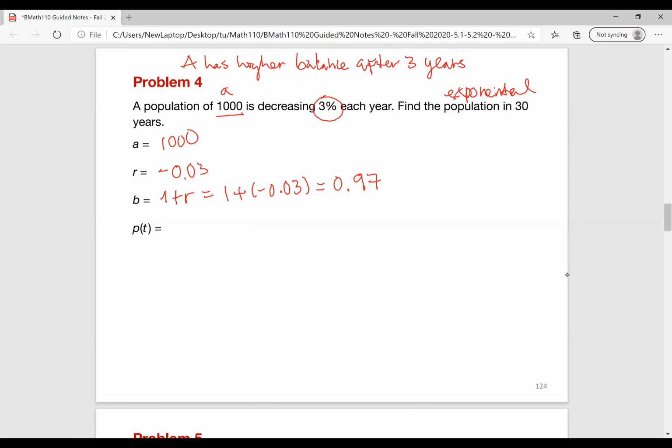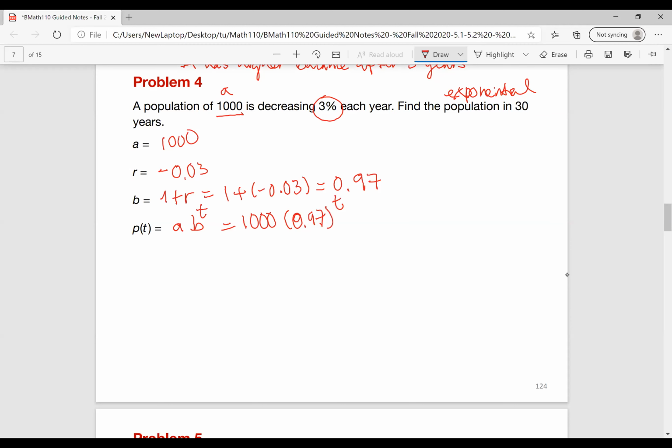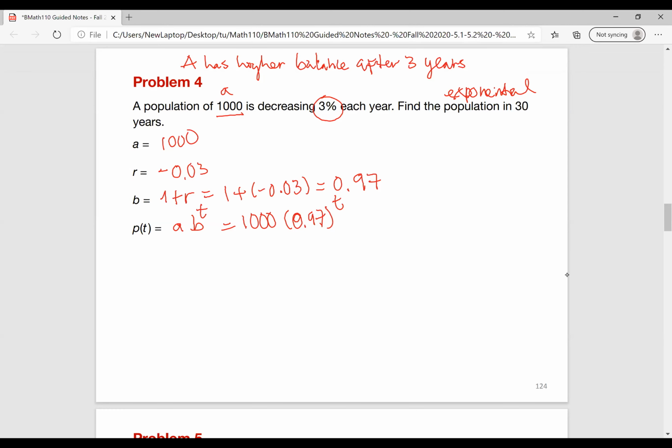And P of t, the function, follows the formula A times B to power t. And in here A is 1,000 times B is 0.97 to power t. All right. So you are looking for the population in 30 years.